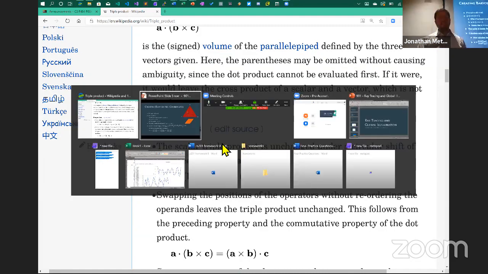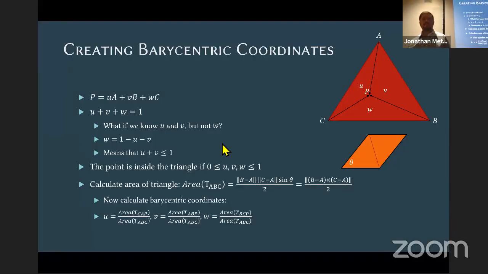Very neat. It feels mysterious in a way, but there's a geometric interpretation: when you take a cross product between two vectors, it represents the area of the parallelogram that's created when you join those two edges together.